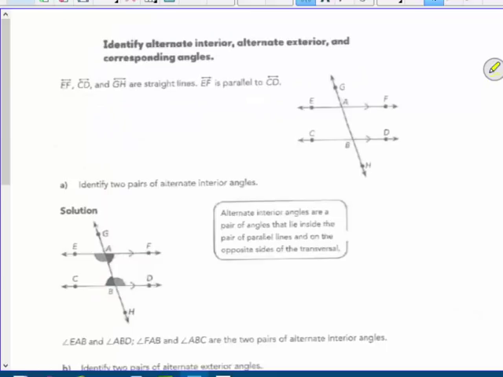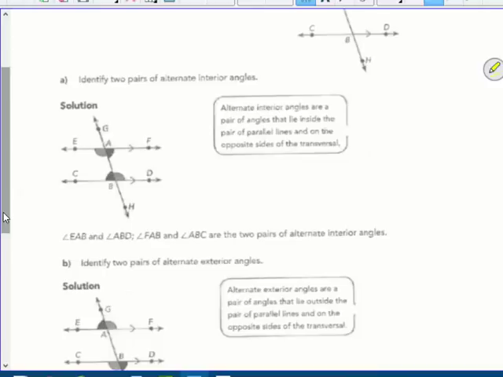Line EF and line CD are parallel, and line GH, the transversal, are straight lines. EF and CD are the parallel lines, and GH is the transversal. Identify 2 pairs of alternate interior angles. Angle EAB.